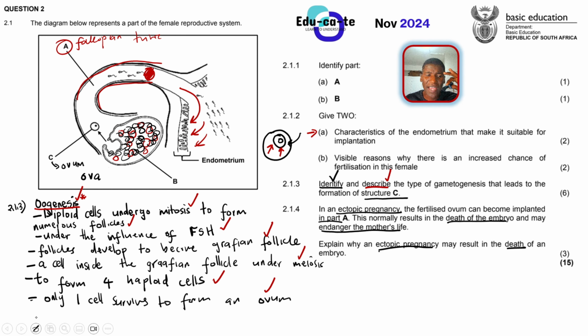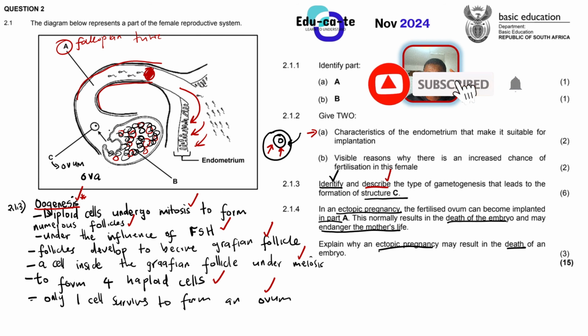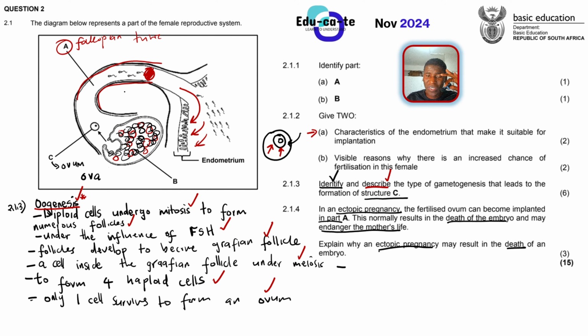So here you have to explain why the ectopic pregnancy, or the implantation of this embryo at the fallopian tube, will result in the death of the embryo. You mentioned that the fallopian tube does not have many blood vessels. So here you can say fallopian tube.